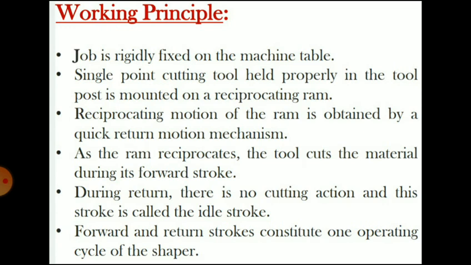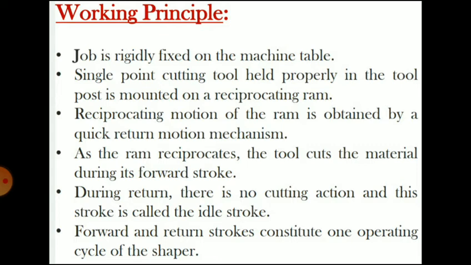Now the working principle of the shaper, or the steps of machining the material on a shaper. The job is rigidly fixed on the machine table. A single point cutting tool, held properly in the tool post, is mounted on a reciprocating ram. Reciprocating motion of the ram is obtained by a quick return motion mechanism.